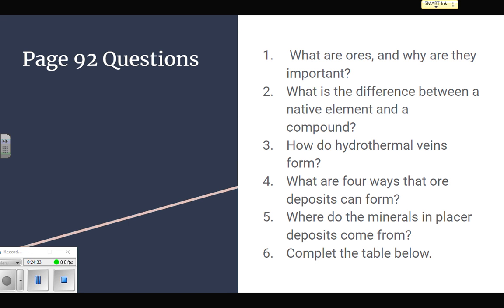Placer mining: ships use a scoop to take materials from the bottom of lakes or oceans.